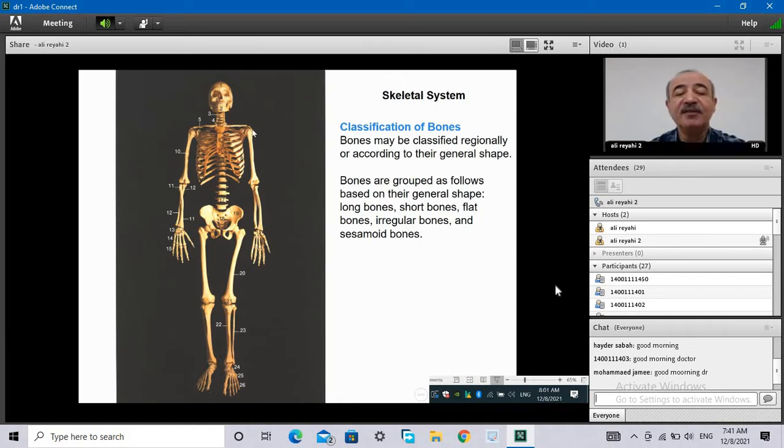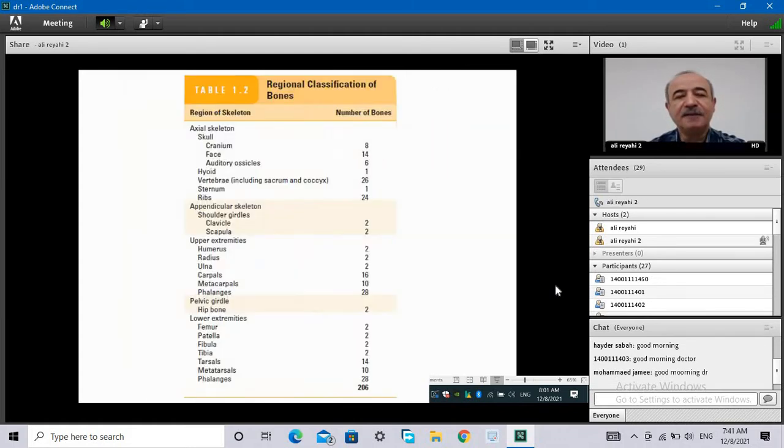There are different types of bones: long bones, short bones, for example, and flat bones like this, and irregular bones like the vertebra, irregular in shape. And in this table I described the different bones.